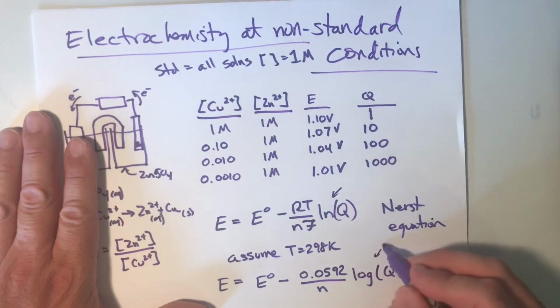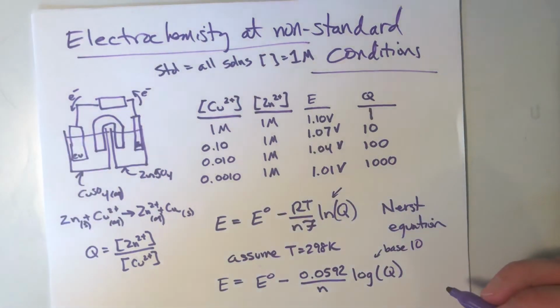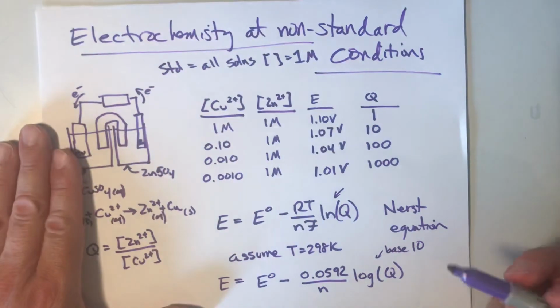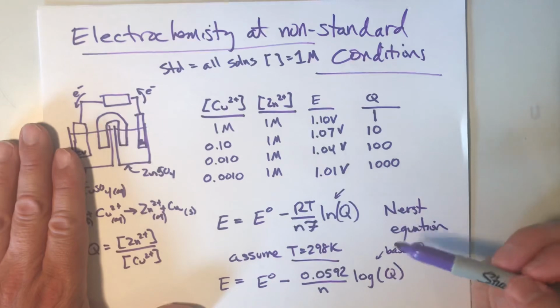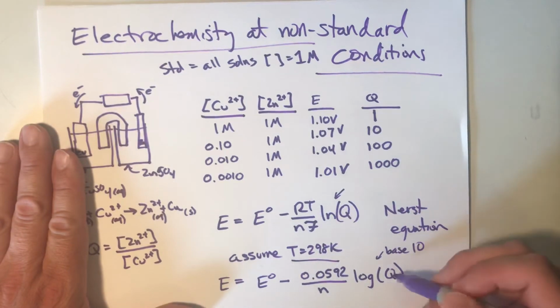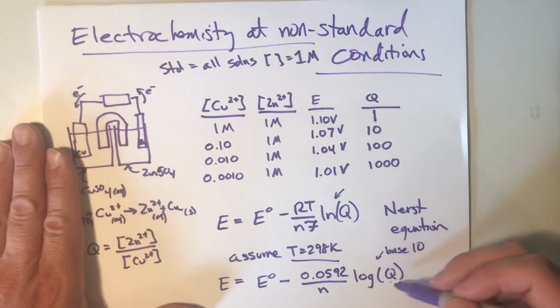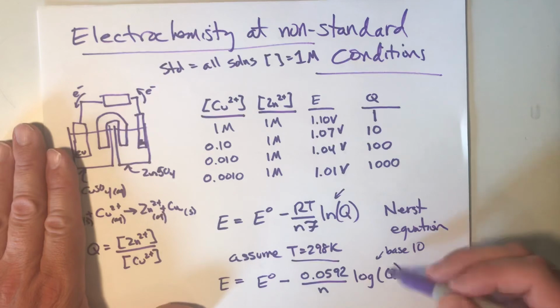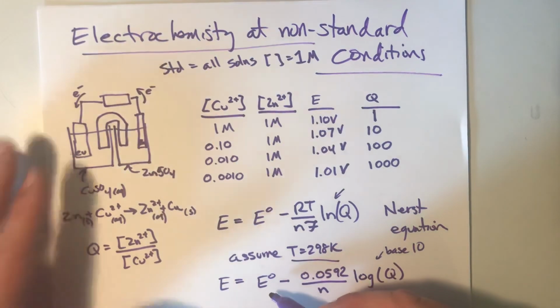This is the log base 10. And it really doesn't matter which one you use. They'll both give you the same result if you're at 298. And so both of these equations show that as this Q value gets larger, either because you are increasing the product ion concentration or reducing the reactant ion concentration, the E value is going to go down.